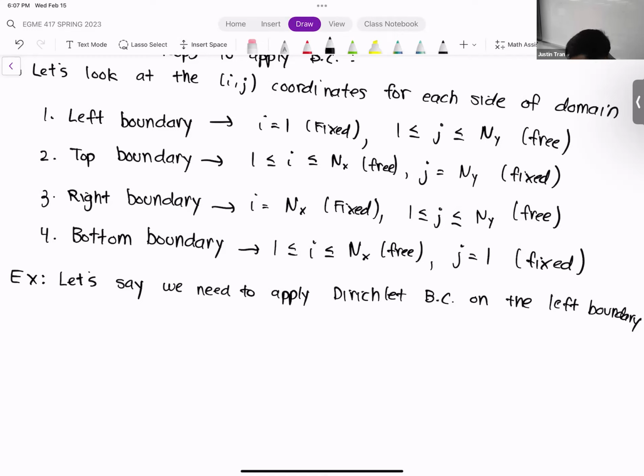First, the key word here is Dirichlet. That tells us the manipulations of how we're going to change the left-hand side matrix and the right-hand side vector.